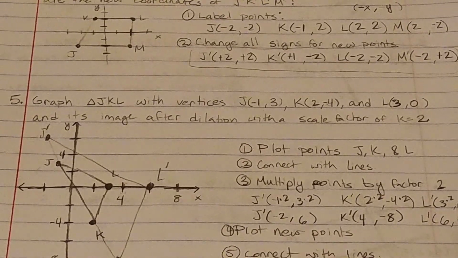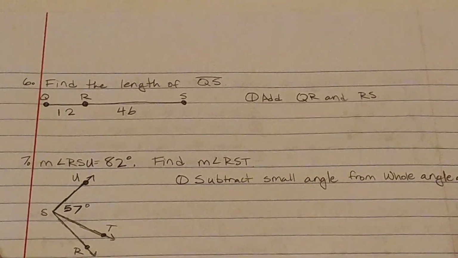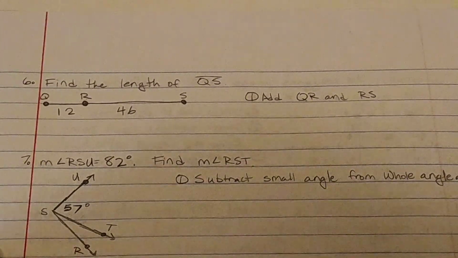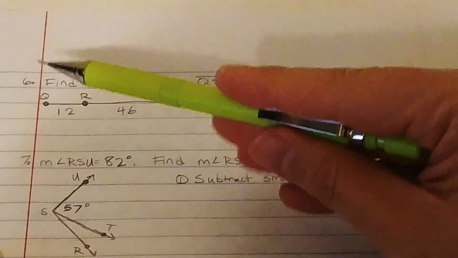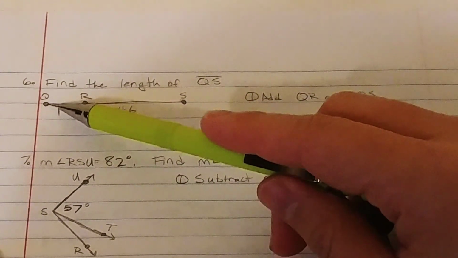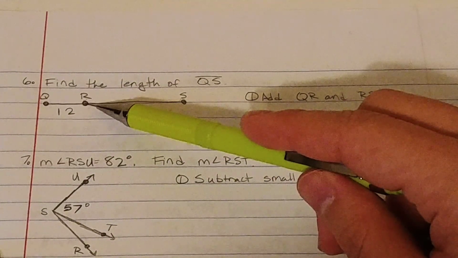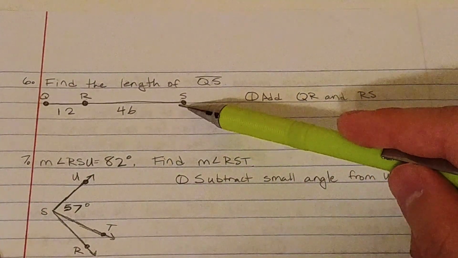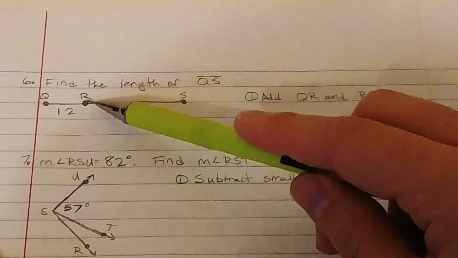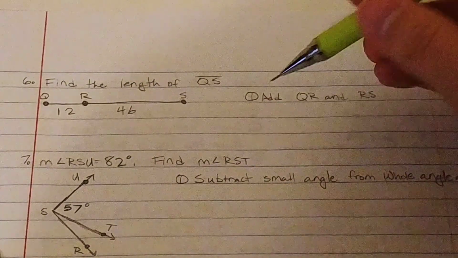Okay, so let's go into the next one. It says find the length of QS. So QS is from here to here. It's broken up into two parts, QR and RS. So to get the whole thing, you need to put the two parts together.